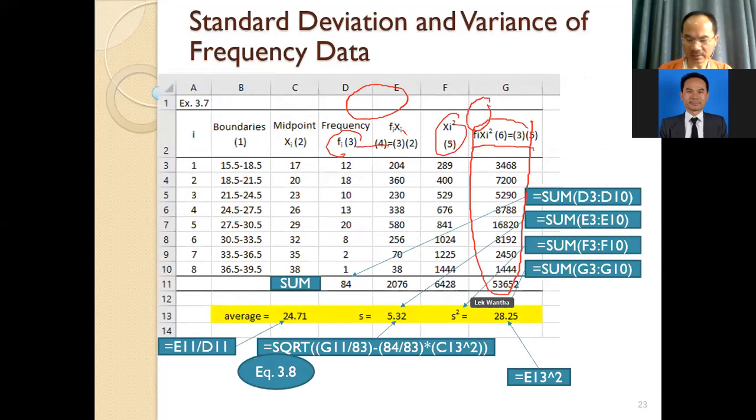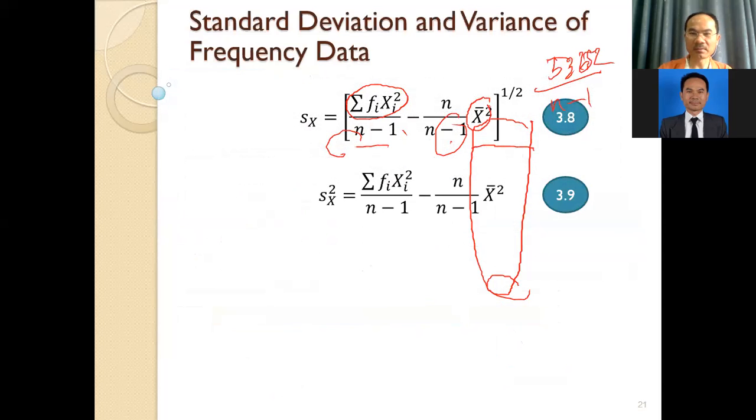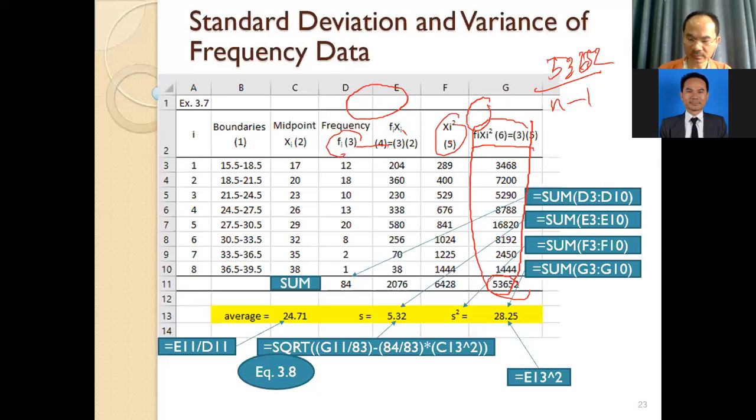Summation xi is this value, divided by n minus 1, which is 7. Minus n divided by n minus 1 times x bar square.